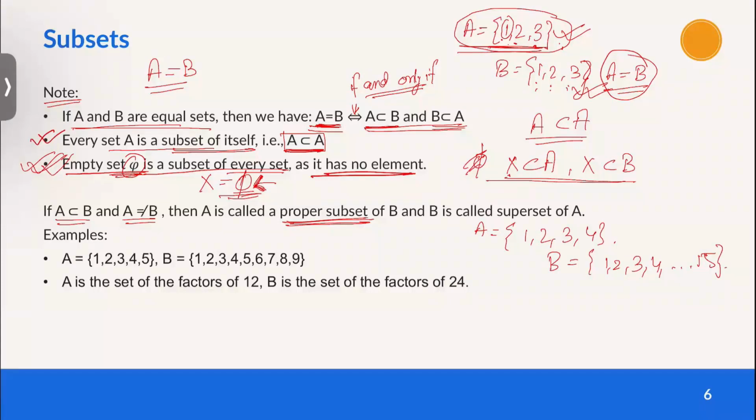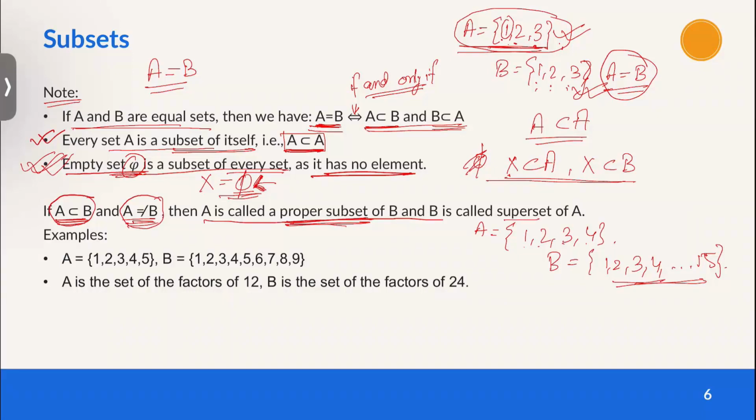So A is a subset of B, right? All the elements of A are there in B, but A is not equal to B. Clearly, you can see that there are more elements in B than A. If these two conditions hold, that is, if A is a subset of B and A is not equal to B, then A is a proper subset of B. So this is the definition of a proper subset.